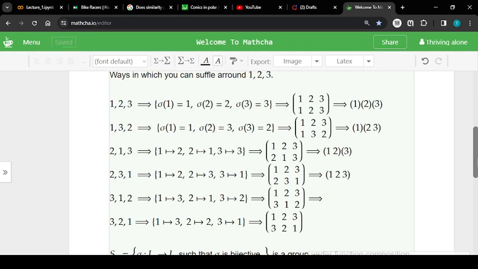Okay, let us see more. In this case, we can see 1 is mapped to 3, so we'll write 1 and 3 adjacent, and then you could see 3 is mapped to 2. Okay, the question is, why did we skip 2? Don't worry about that. Since 1 is mapped to 3, the next question we ask is where 3 is mapped, because the adjacent letter is the image of the previous one, right?